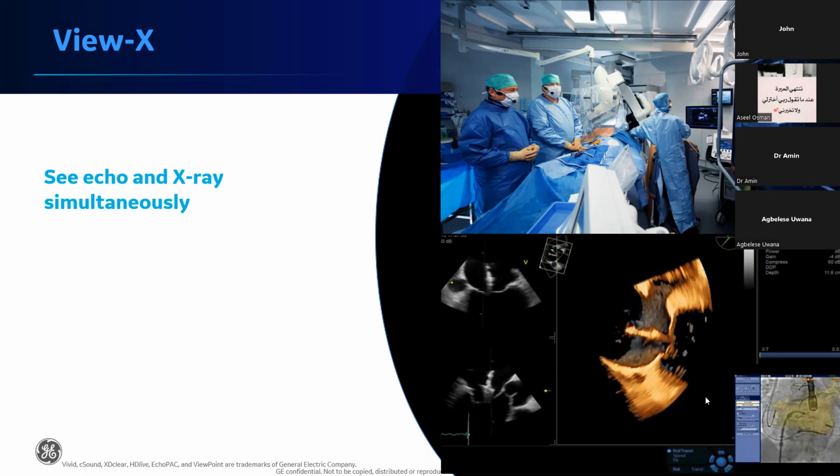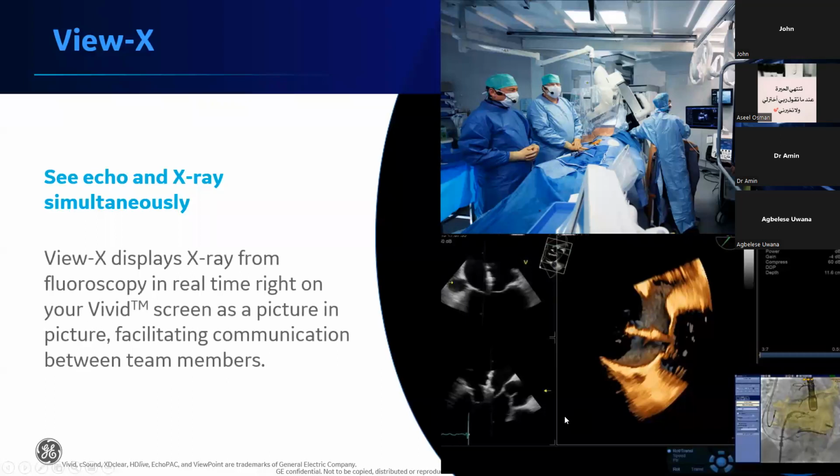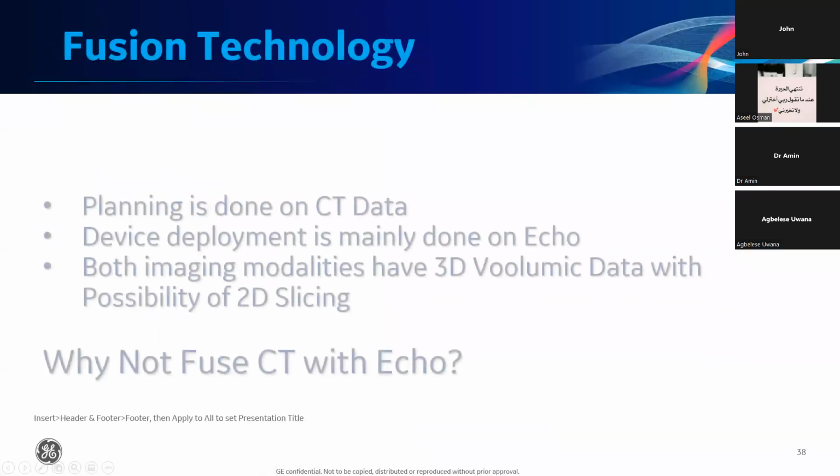So this way, we are able to follow the procedure as it's happening, see the advancements of the guide wires, and see when the device is being deployed, and then provide the right image, the right 4D acquisition to match whatever is being done on the cath also at the same time. So it improves communication and may help speed up the process.